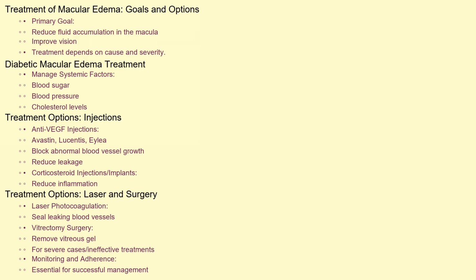Corticosteroid injections or implants can also help reduce inflammation. Laser photocoagulation, a procedure using a laser to seal leaking blood vessels, may be considered in certain cases. Vitrectomy surgery, which involves removing the vitreous gel from the eye, may be necessary in more severe cases or when other treatments are ineffective. Careful monitoring and adherence to the treatment plan are essential for successful management.